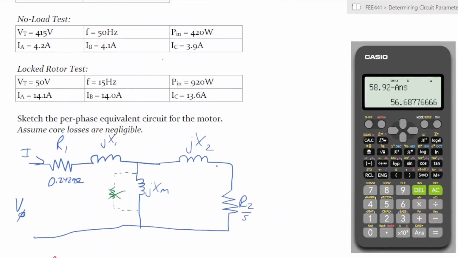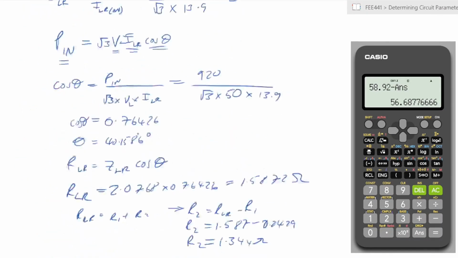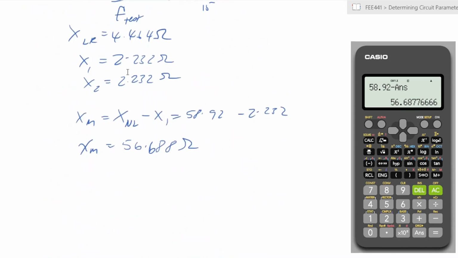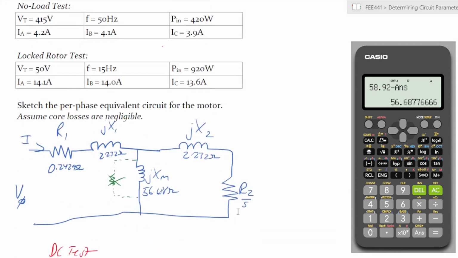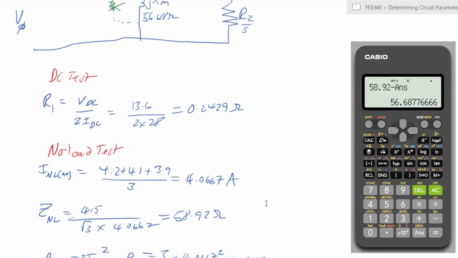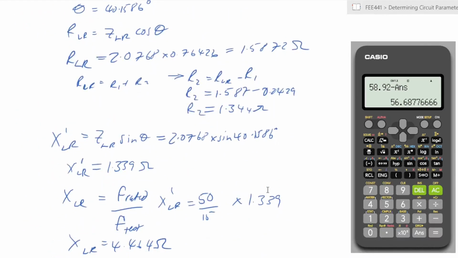So we have actually determined all of these. XM here is 56.688 ohms. X1 and X2 are each 2.232 ohms, and R2 over S, we got our R2 here, which was 1.344.